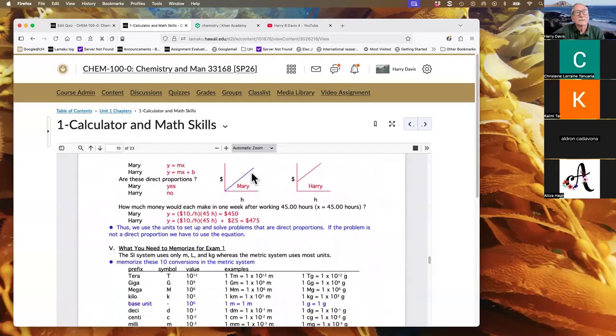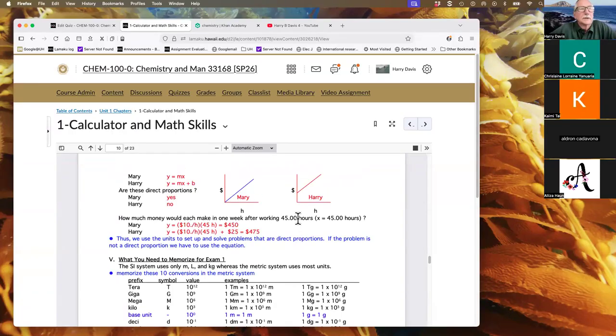So this is a direct proportion and this is not. I have to use the equation to solve that problem. Questions on that methodology?